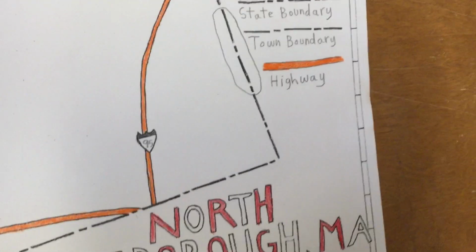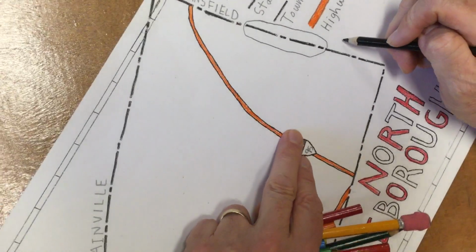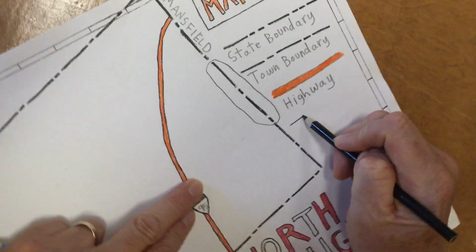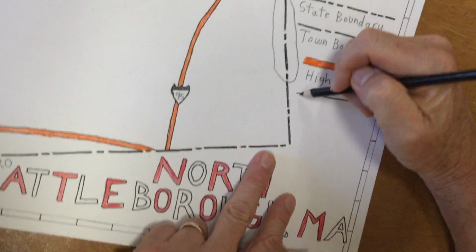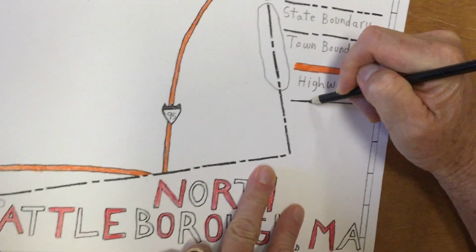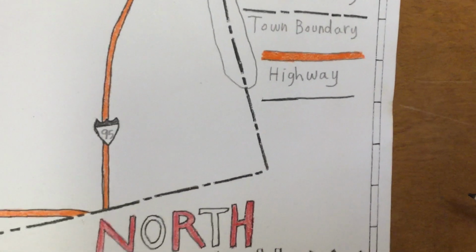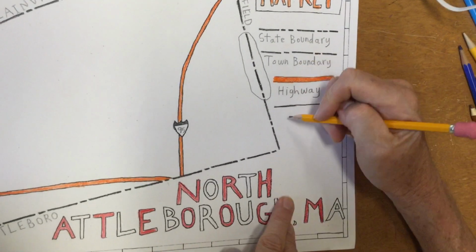I think I'll go with black. It's going to be a simple symbol, just a single line like this. Don't make it too thick. Just like that, and we will call it a main road.